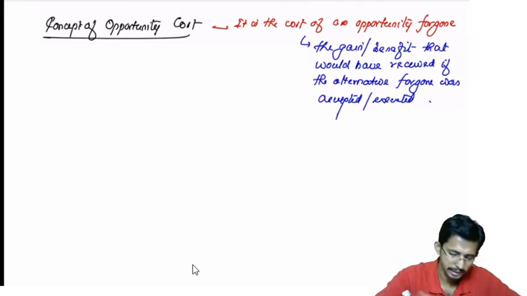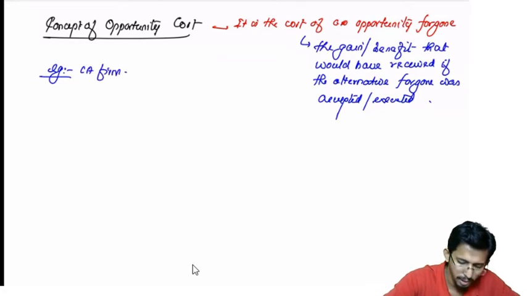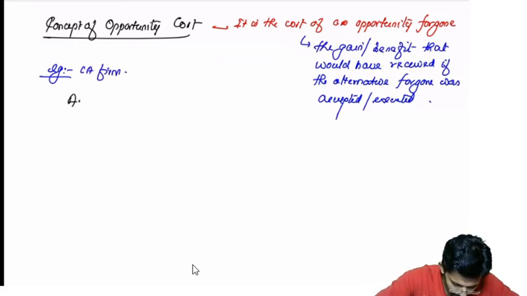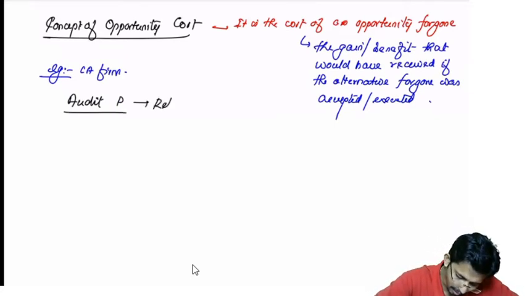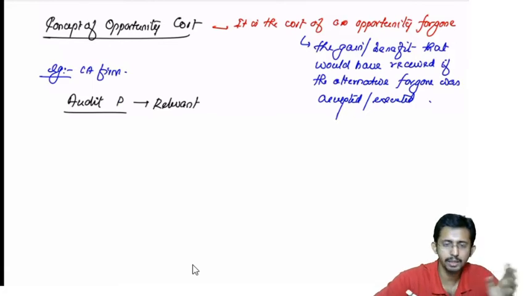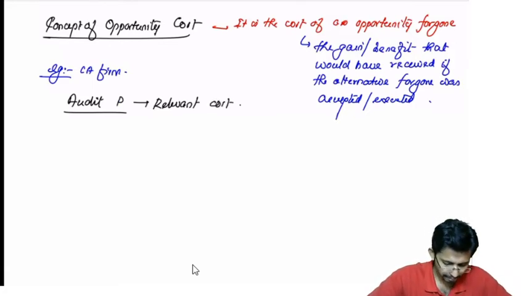I will give you an example. Let's take the case of a CA firm itself. You got an audit, let us say audit P, for which you want to compute the relevant cost. Same example which we saw earlier. Now if you want to do this audit P, then what will happen?